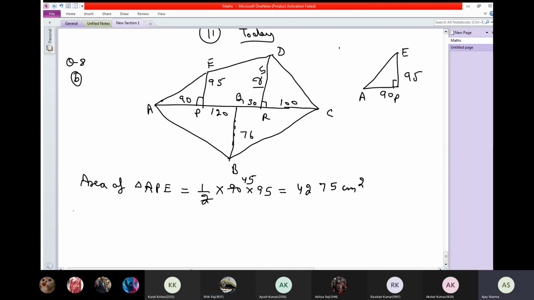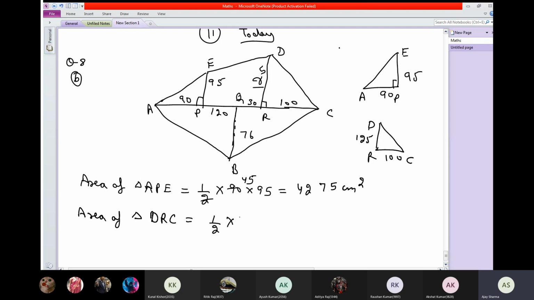Now the second one. Now find the area of another triangle. Area of triangle DRC. Again same, 1 by 2 multiplied by base into height. One side is your 100, one side is your 125.